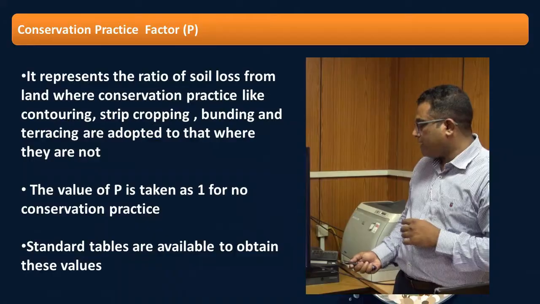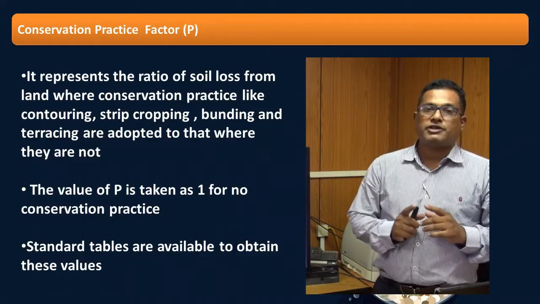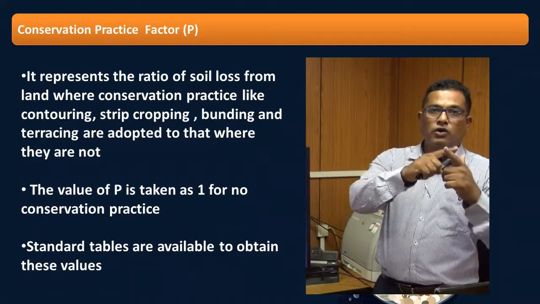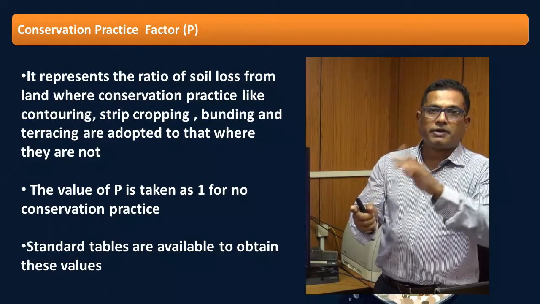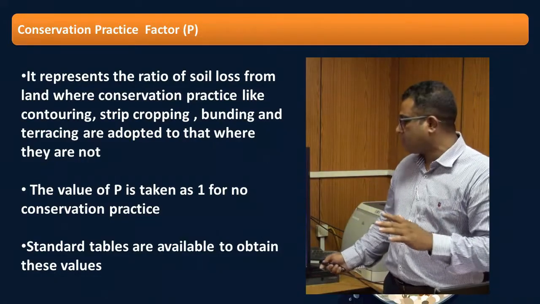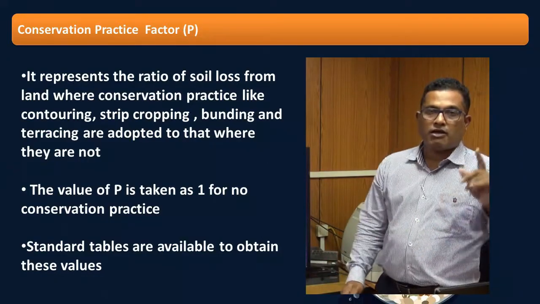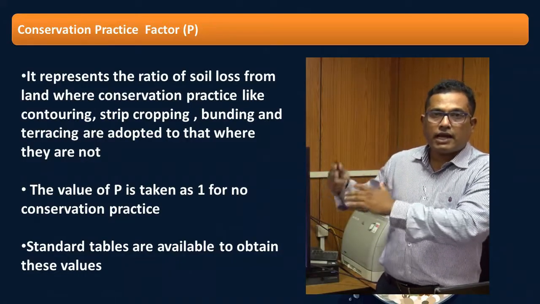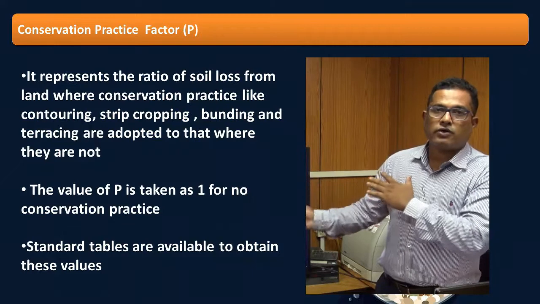So the value of P is taken as 1 if no conservation practice is followed, because this is a ratio between good and bad. If there is no conservation practice, the value is 1. 1 means 100%, that is, it is allowing soil erosion, it is not controlling soil erosion.